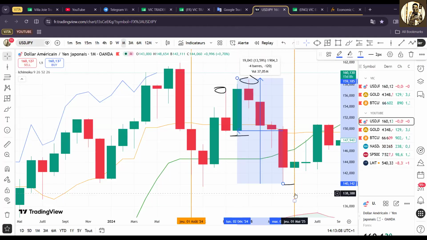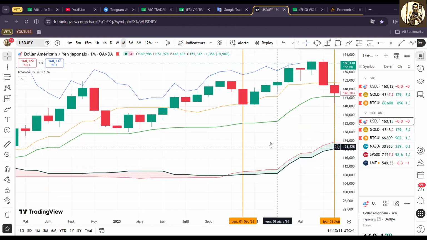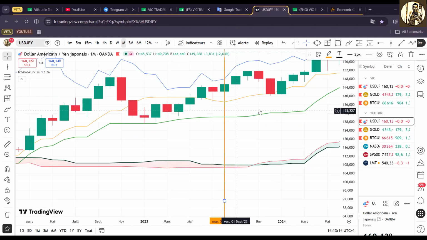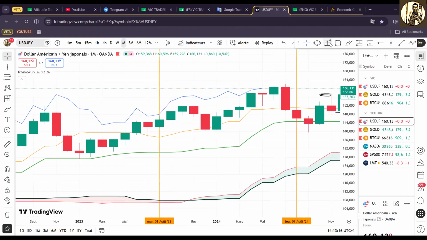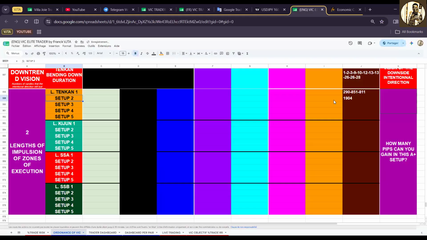For this downtrend, now let us look at this option instead. For this whole option, from this Tenkan touch till up here, we have 2095 pips as first touch.